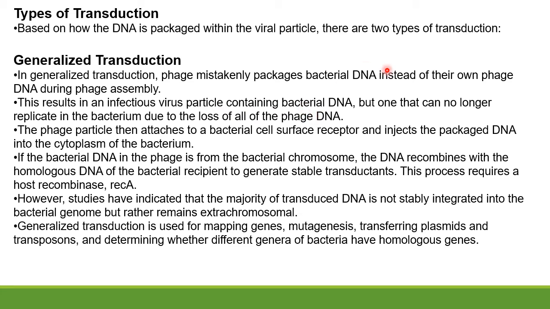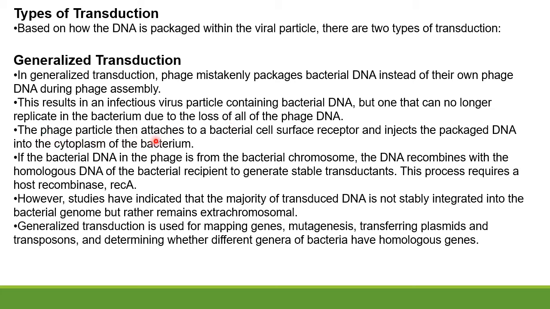Okay, means the phage or the virus particle is now having bacterial DNA but not the viral DNA, but one that can no longer replicate in the bacterium due to the loss of all the phage DNA. So this particular DNA cannot replicate in the bacterium on its own as it has lost the phage DNA.